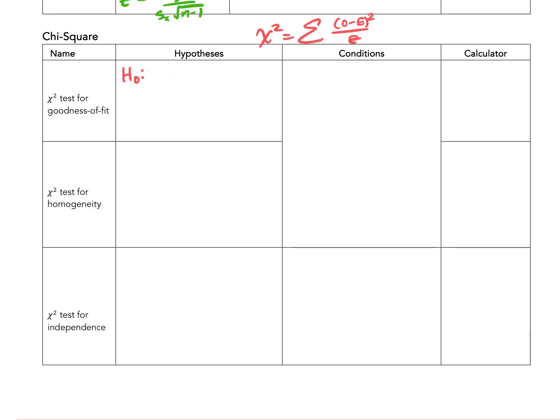Your null hypothesis for a goodness of fit test is like P1 equals, P2 equals, P3 equals. You could put that in words by saying that the population follows a stated distribution.